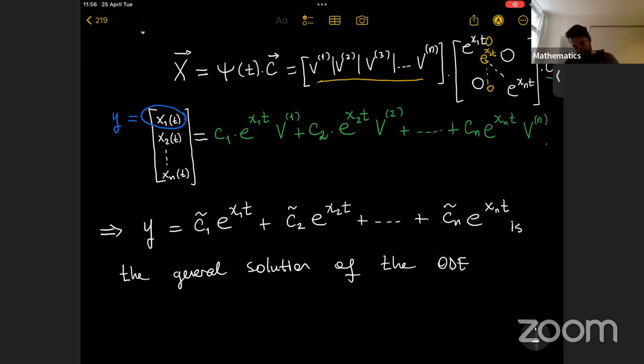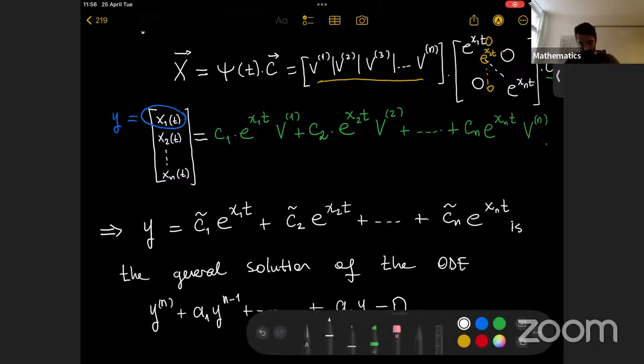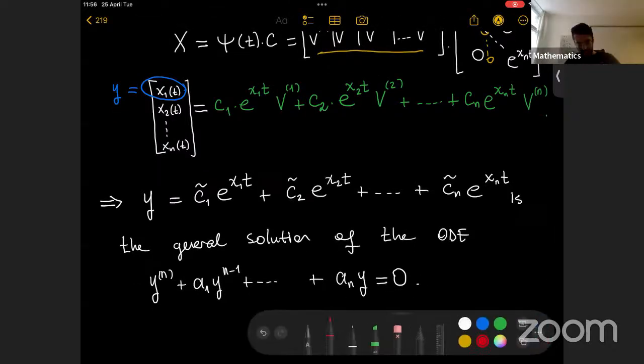linear nth order ODE, remember y nth derivative plus a1 y to the n minus 1 plus ... plus an y is equal to 0. So we get a nice formula at the end to obtain a general solution of such a differential equation.